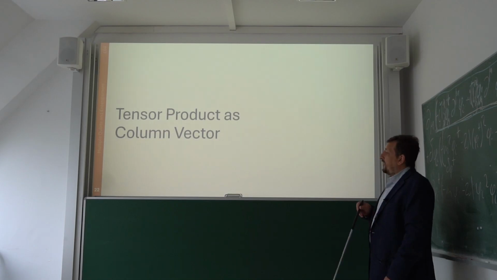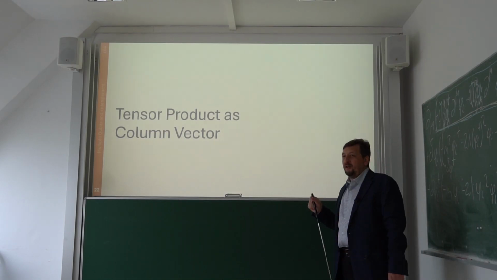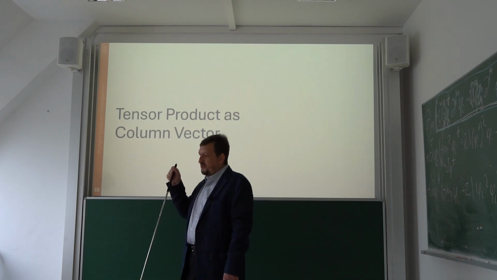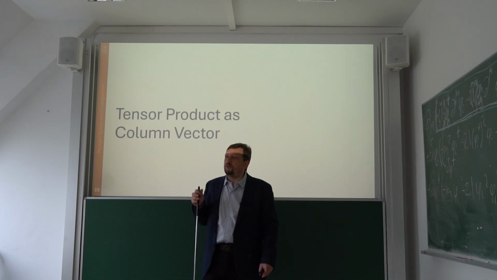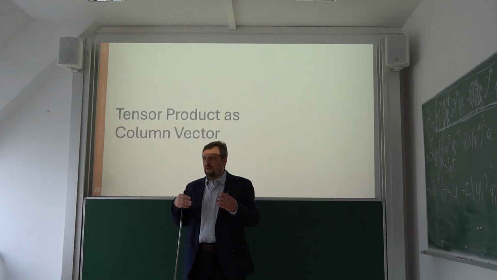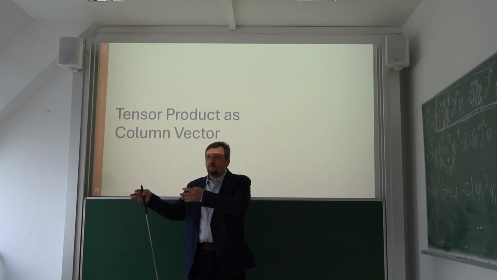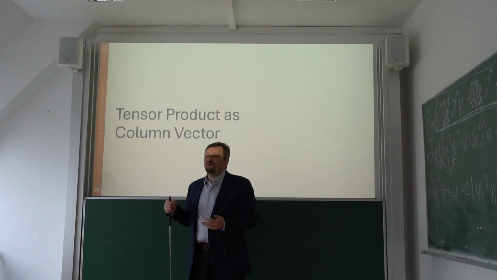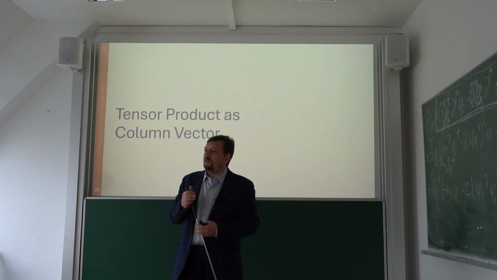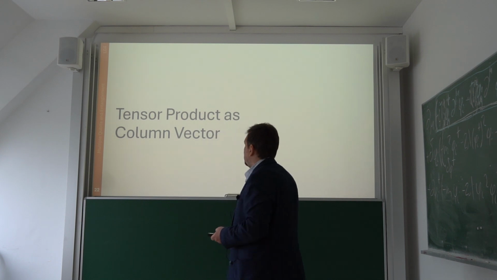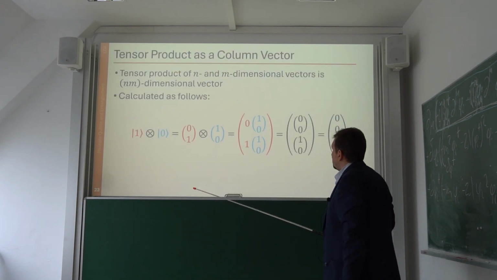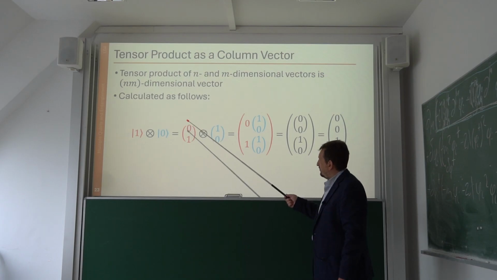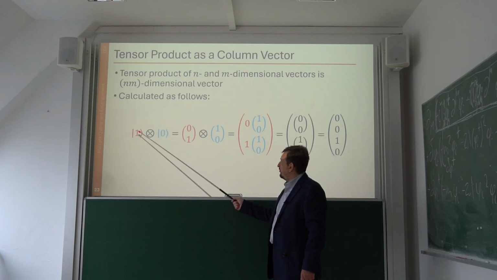Okay. Now, mathematically, a ket vector for a single qubit is represented as a column vector. When you use some programs, these computers do not use Dirac notation, they use matrix representation. So how to understand the tensor product in matrix notation? Suppose I have this tensor product of 0 and 1.